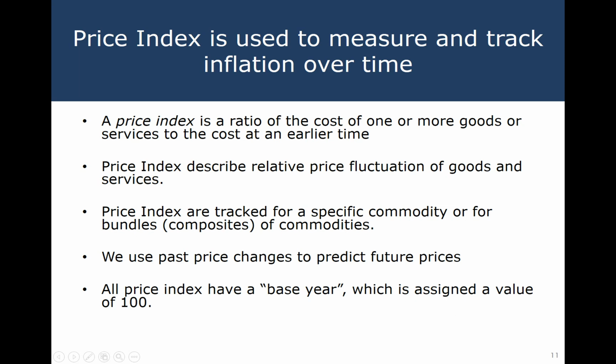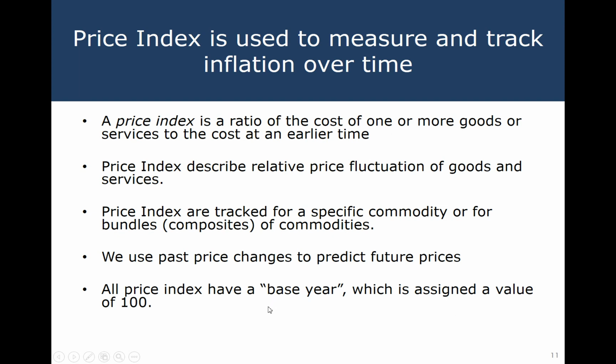The price indexes are tracked for specific commodities or for bundles, composites of commodities, okay? Regularly they do not count prices like fresh food, such as milk and fruits, because those prices change a lot. And we use the past price change to predict the future price.